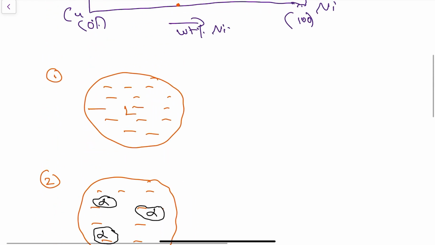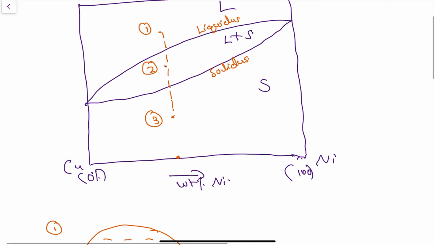Now let us look at the change in composition during solidification. To make it much clearer, whenever it crosses the liquidus line, you need to draw a tie line here.